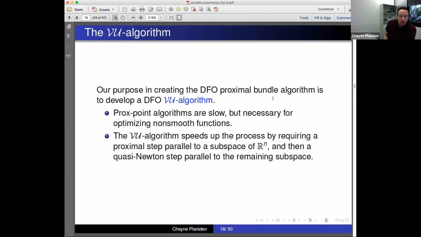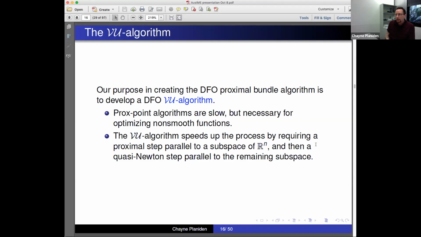Okay, so the purpose of building the DFO proximal bundle algorithm, which we did, is to develop the DFO VU algorithm. As we saw first thing this morning from Claudia, prox point algorithms are slow. We're stuck with possibly superlinear convergence in the case of the nice VU algorithm for convex functions, but usually linear or even sublinear convergence speeds. What VU attempts to do is to speed up the convergence by splitting the space apart, what we call VU decomposition.